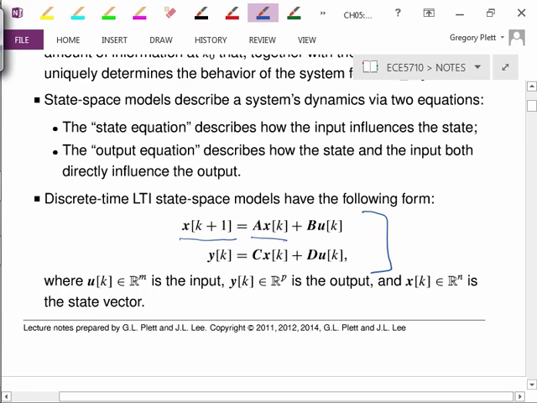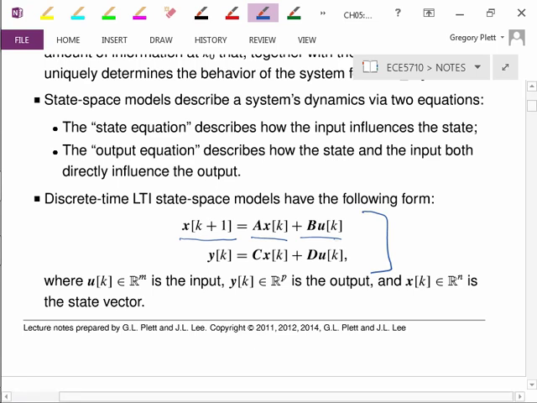And we can write it as a matrix A multiplying the present value of the state added to a matrix B times the present value of the input. So this is a recursive calculation that updates the state at every time step. What is the future state? Well, it depends on the present state and the present input. So when I get to the next time step, I have that prediction of the future state, which would be the present state then.